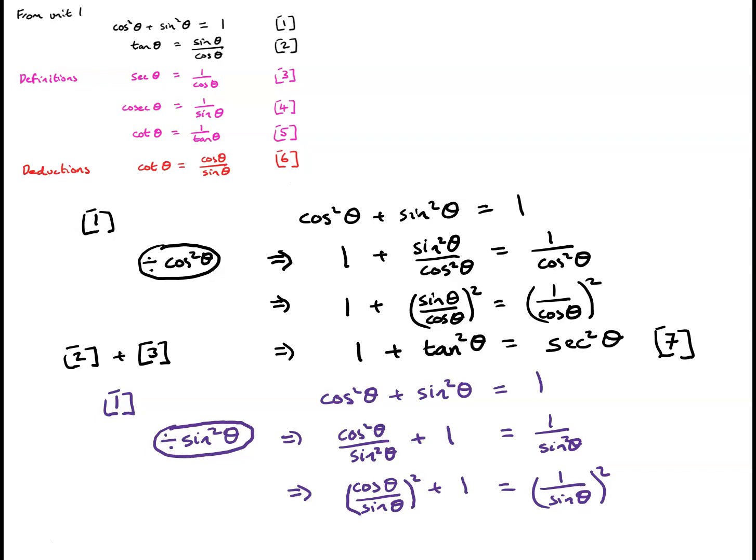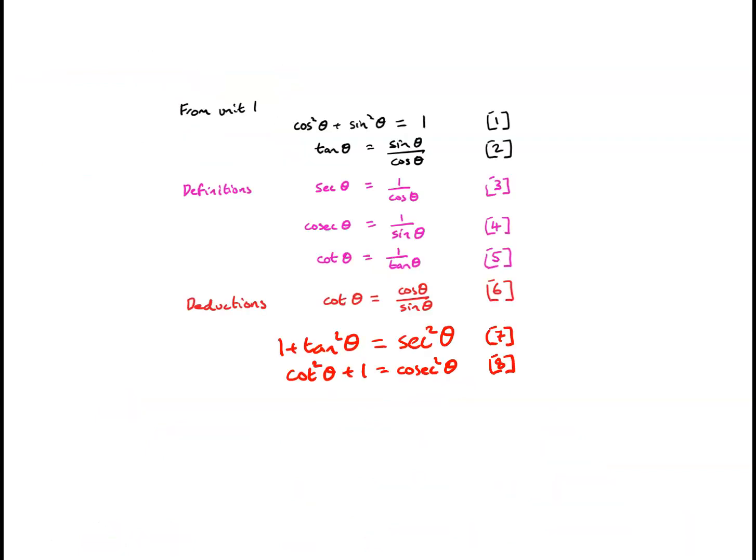And now, making use of identities 6 and 4, I've got cot squared theta plus 1 must equal cosec squared theta. These 8 identities that we've just obtained are going to be really useful in the remainder of this video.